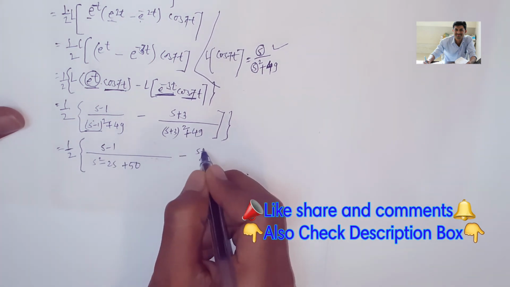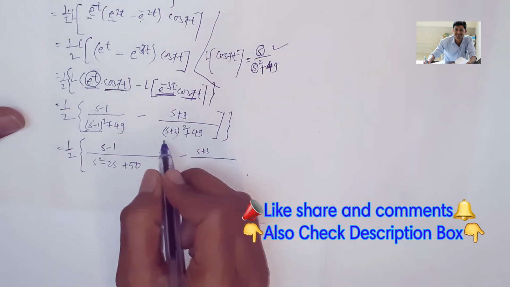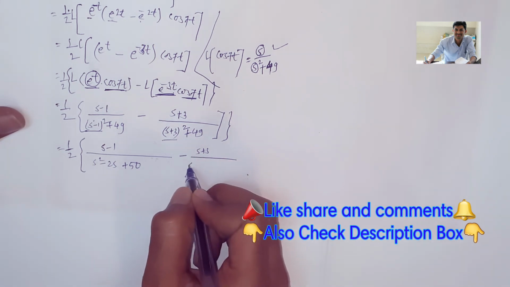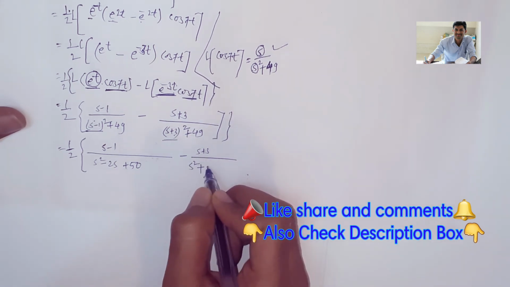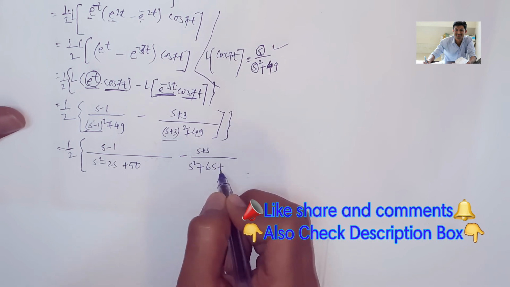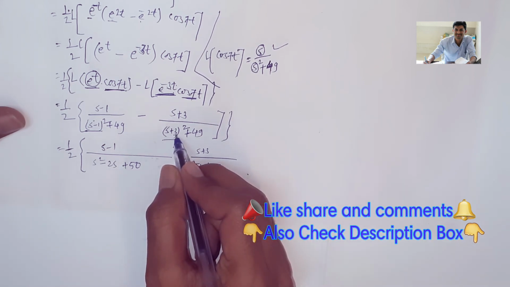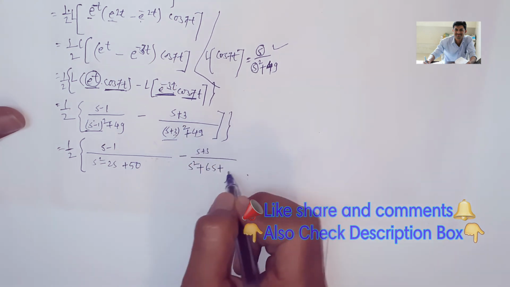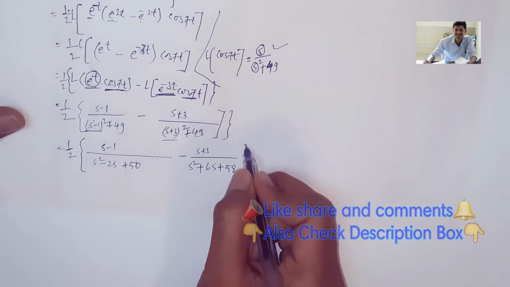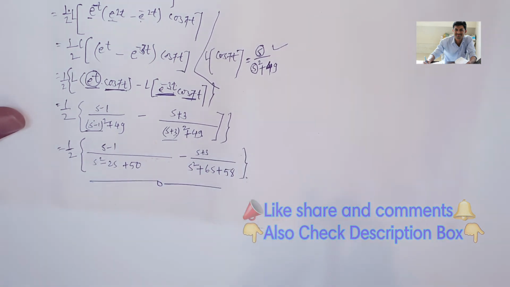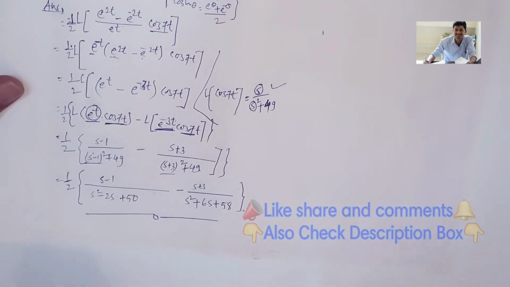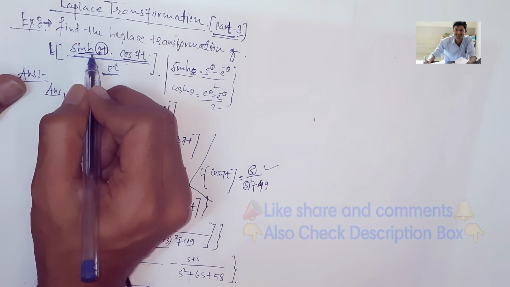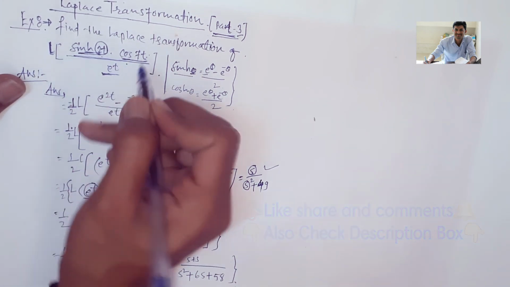Next, minus s plus 3 as it is divided by, solving this, a plus b whole square, it will be s square plus 6s plus 9, 3 square is 9, and 9 plus 49 is 58. In this way we get the final solution of the Laplace transformation of sine hyperbolic 2t into cos 7t.